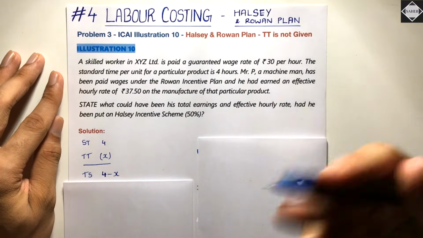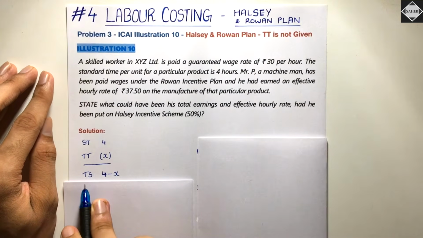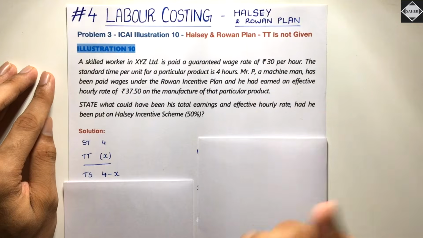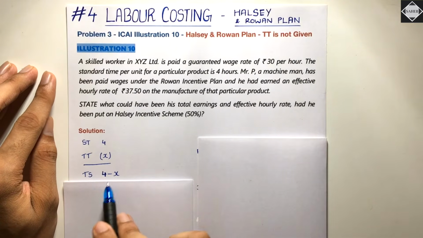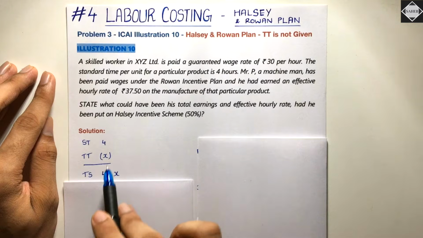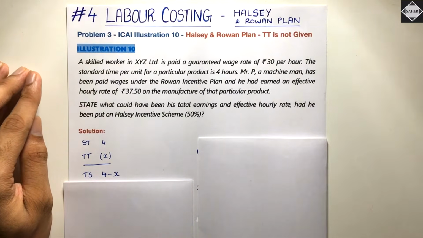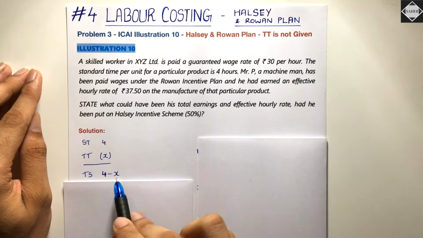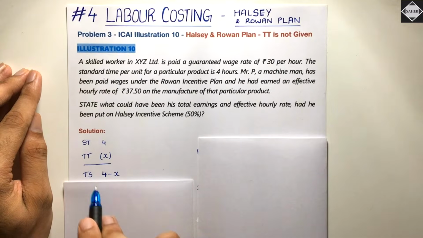That's how we calculate time saved: standard time minus time taken. But we don't know time taken, so how can we find out time saved? We can't. So we just take it like this, 4 minus x, that would be the time saved. Do you understand why I have taken 4 minus x? Because that's the formula of time saved: standard time minus time taken, 4 minus x.